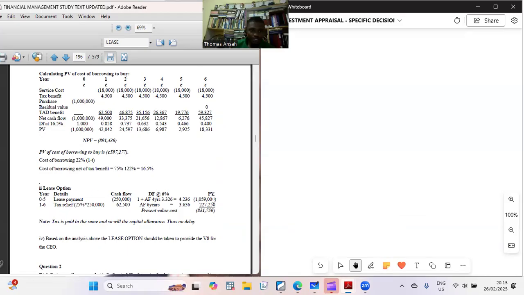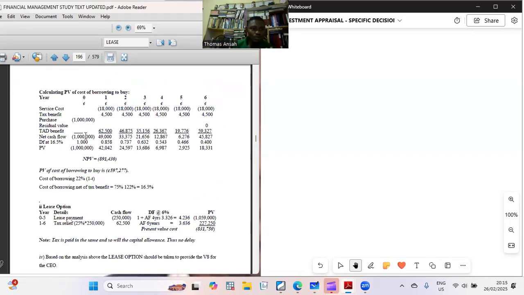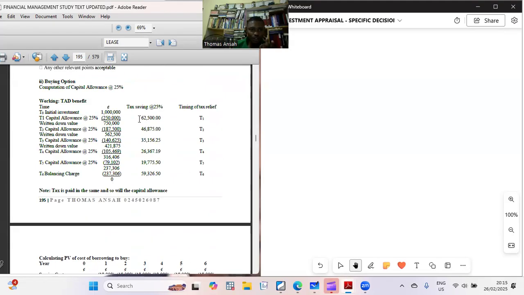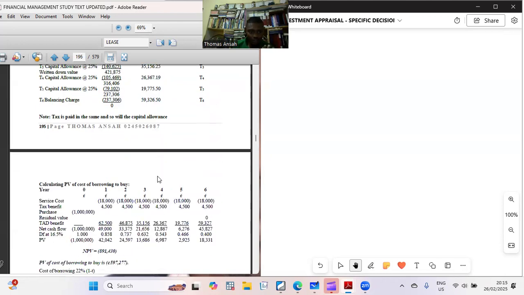So what you can do is to bring your capex. You start with your capex, then the tax savings that you will do on your capital allowance. These are your tax savings on your capital allowance, and you bring them.